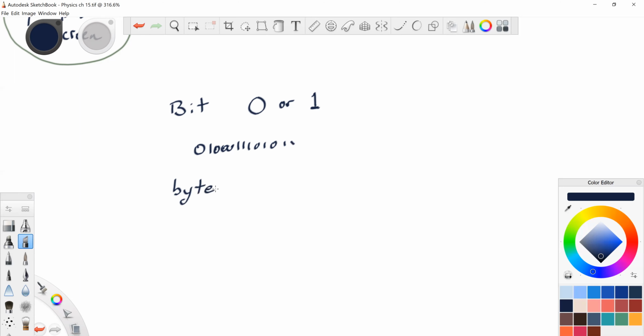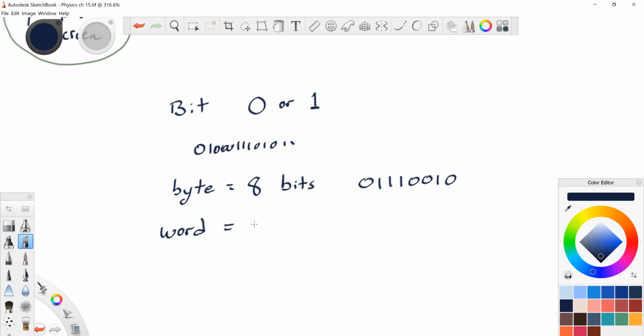A byte is 8 bits of information. So in other words, 1, 2, 3, 4, 5, 6, 7, 8 would be a byte of information. A word is equal to 16 bits.